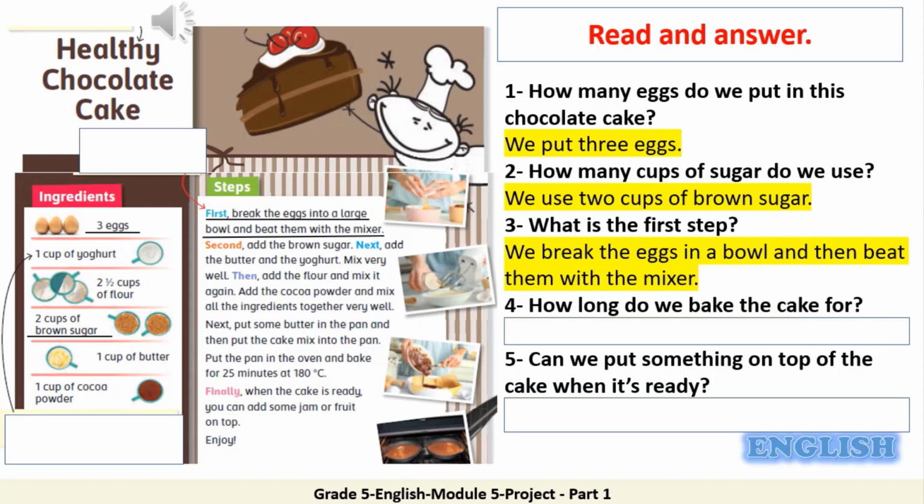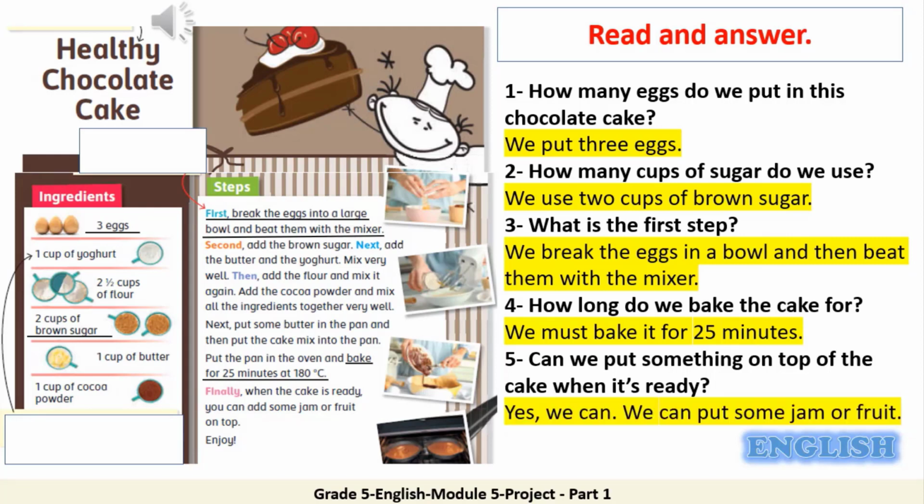How long do we bake the cake for? We must bake it for 25 minutes. Number 5. Can we put something on top of the cake when it's ready? Yes, we can. We can put some jam or fruit. Well done.